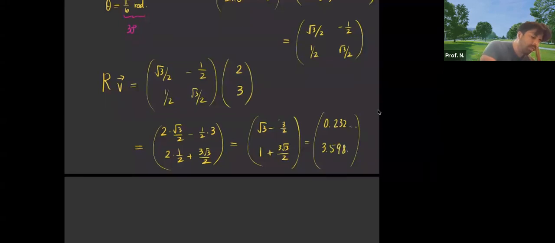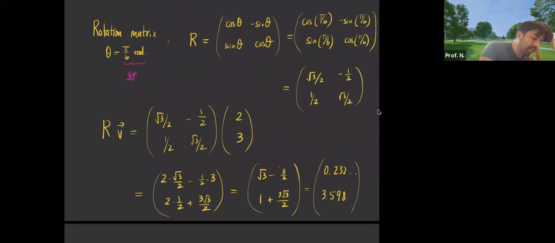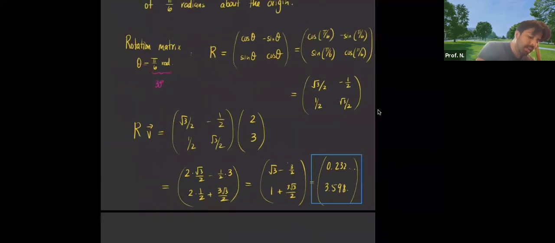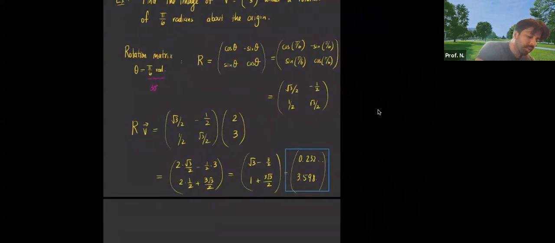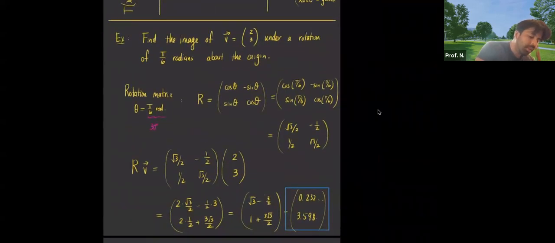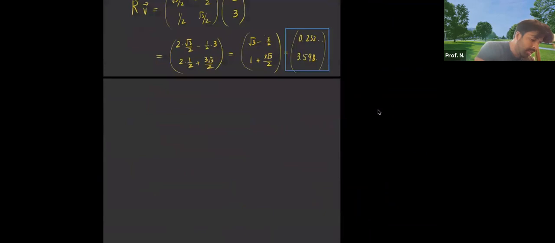So if I were to plot this vector, it would be a rotation of 30 degrees about the origin for 2, 3. So let me try to see what that would look like. Try my best, of course.